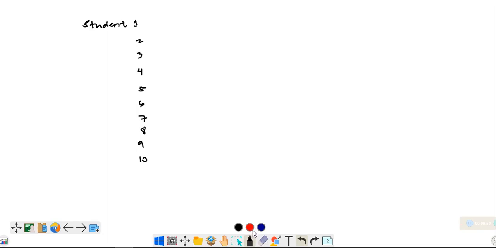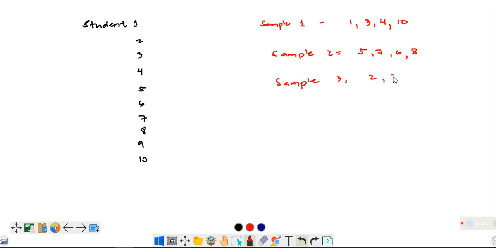Halimbawa, unang pagra-random sample mo, sample 1, ang nakuha mo ay si 1, 3, 4, at 10. Sample dataset 2, ang nakuha mo ay si 5, si 7, si 6, at si 8. Tapos, si sample 3, ang nakuha mo ay si 2, 3, 9, at 10.